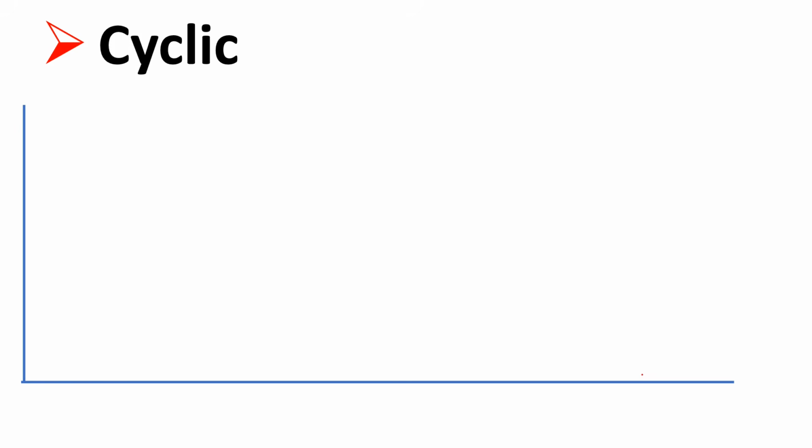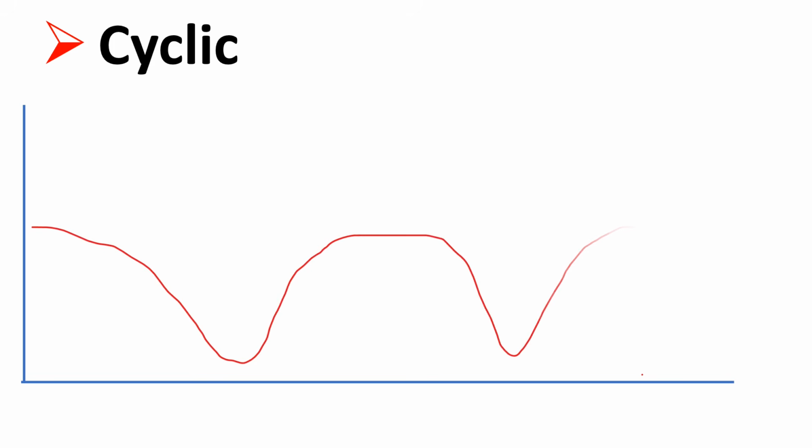Next comes cyclic. Cyclic is something which starts and continues for some time, and then it goes away. And then there is no fixed time when it will come again, right? It could be positive or it could be negative also. In terms of negative, take the example of recession or COVID. For example, there have been multiple times when a recession came.